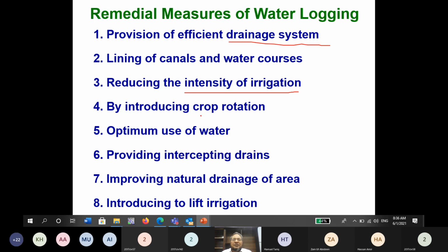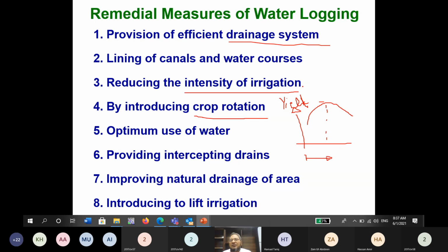Number four, by introducing crop rotation. Number five, optimum use of water. What is optimum use of water? For any crop, the productivity would be maximum on this amount of water. And if this is the productivity or the yield of the crop, then only use this much water.